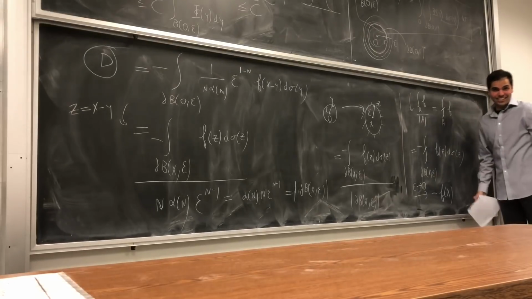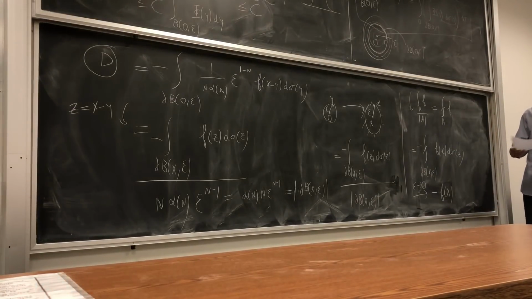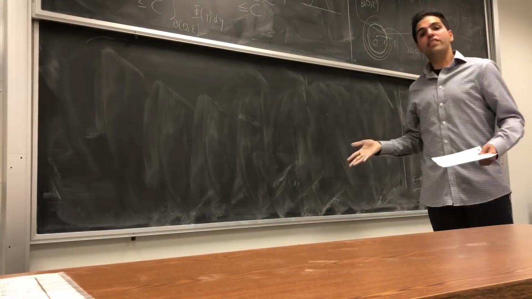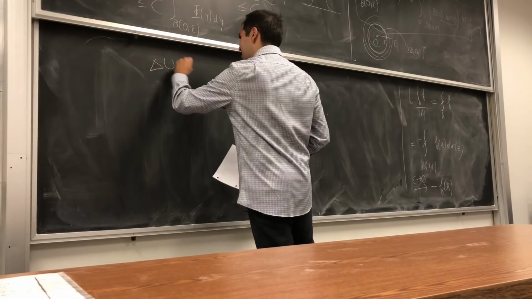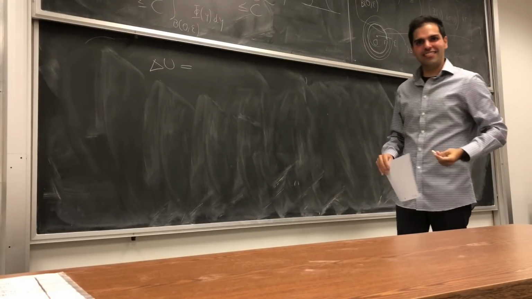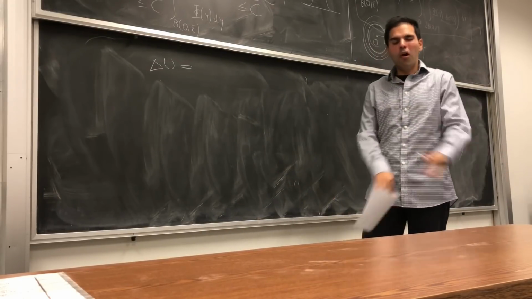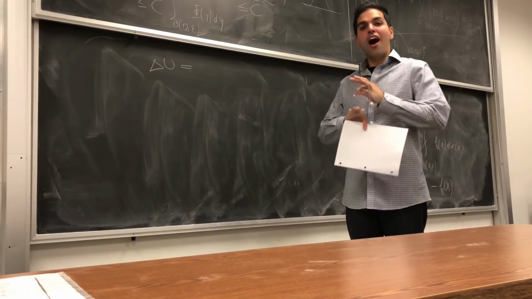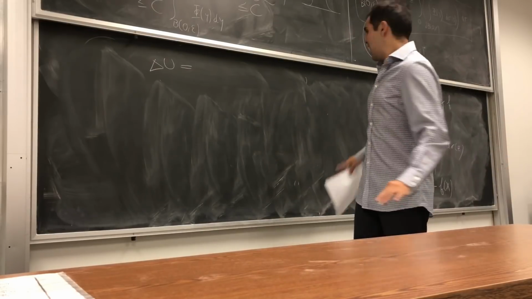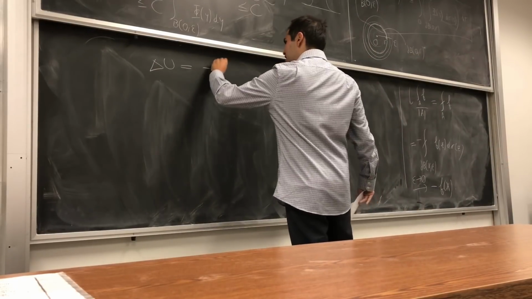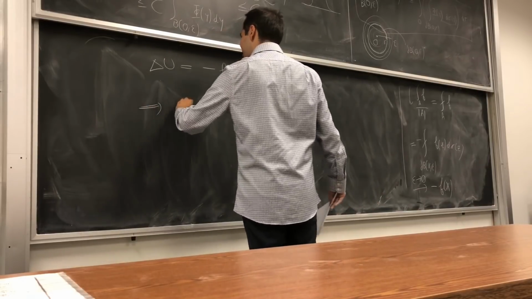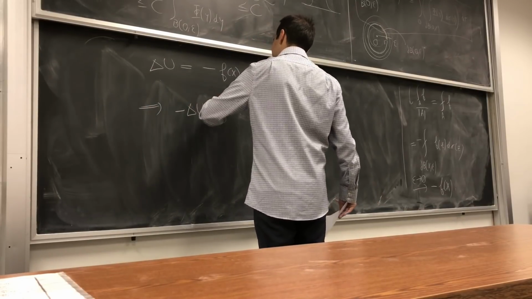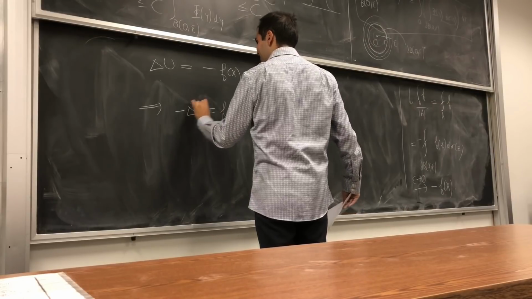We're basically done, but let me just recap what we did. What did we calculate? Remember, a long time ago, we calculated the Laplacian of u. We decomposed it into lots of terms, all of which go to 0, except for this one term, which goes to minus f of x, which tells you that minus Laplacian of u equals f of x.